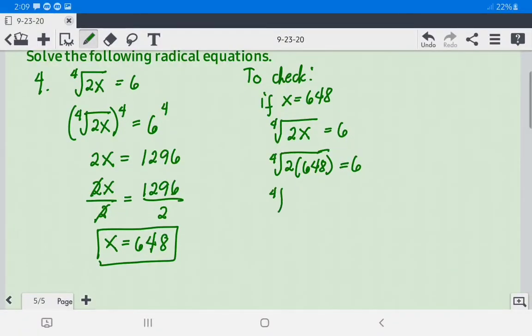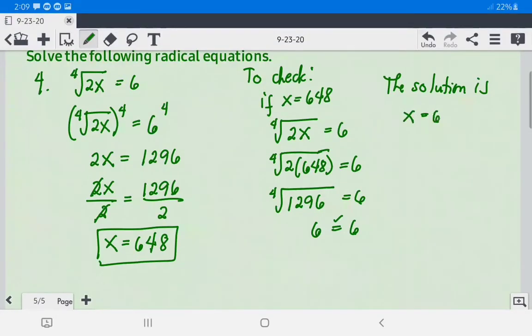So we have the fourth root of 1,296 equals 6. The fourth root of 1,296 is 6. So that is 6. Check. Therefore, we can say that the solution is x equals 648.